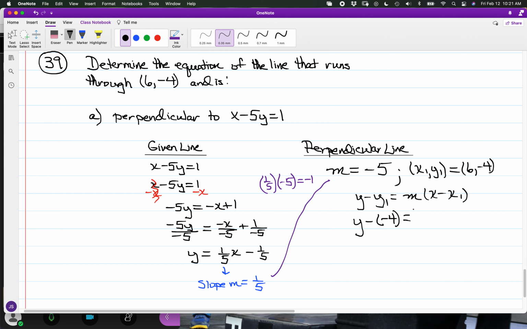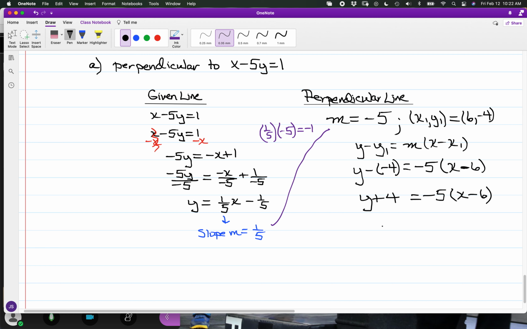For the slope m, we have -5, times the quantity of x minus x1. Again, x1 is going to be 6. Left hand side, we have y plus 4. Again, we have -5 times the quantity of x minus 6. So again, this is the point slope equation.